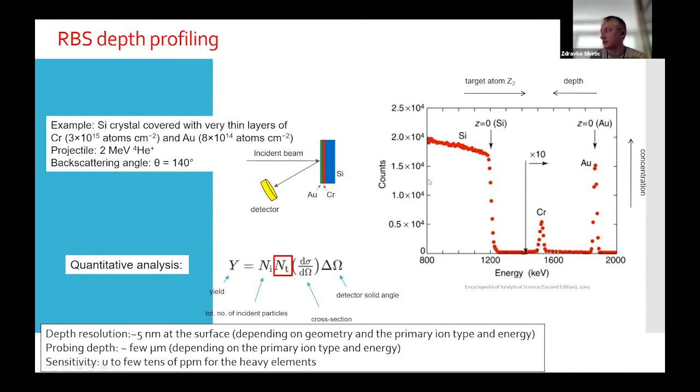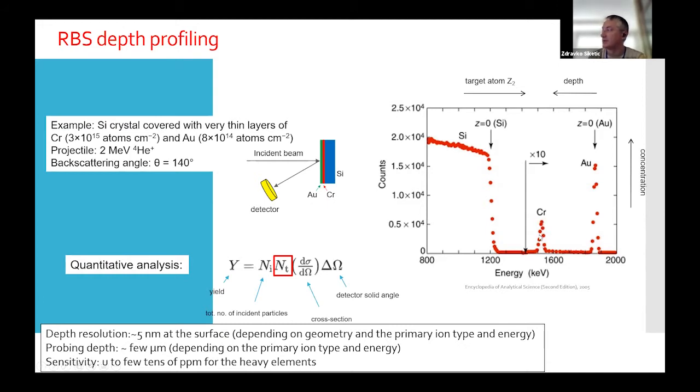And how the spectrum looks, you can see on this graph. The heaviest element in the sample is gold. That means that the backscattered particles of the highest energy correspond to gold. Since the gold layer is very thin, we cannot expect anything more than a peak in the spectrum, and this is the peak of the gold. The next peak in the spectrum belongs to the chromium, which is below the gold layer, and this peak is here.